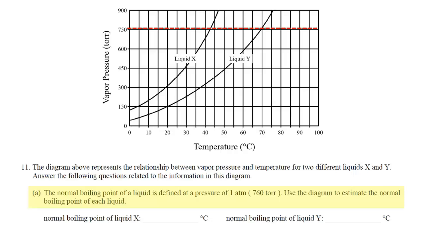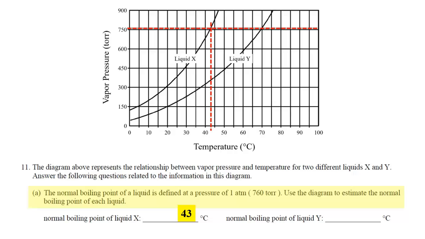So I'm going to go ahead and just drop a vertical line where that curve for liquid X intersects 760 torr. And you can see on the x-axis it looks like it's somewhere between 40 and 45 degrees Celsius. I'm going to make an estimate that it's approximately 43 degrees Celsius.